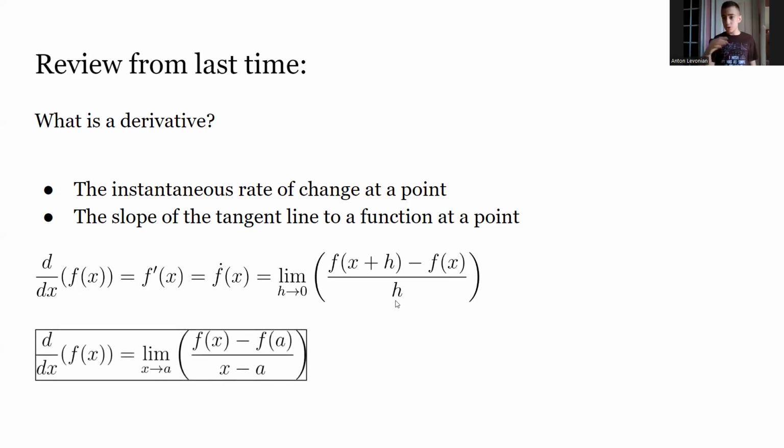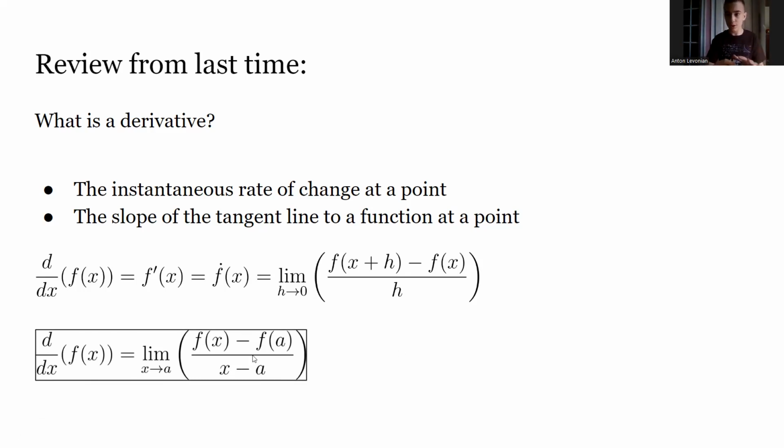One more thing that's new before we get started, I wanted to introduce this new definition of a derivative. This is basically the same thing as this one right here. It's also using the concept of 2 points that are infinitely close to each other, except that in the previous definition, the 2 points were x comma f of x and x plus h comma f of x plus h.